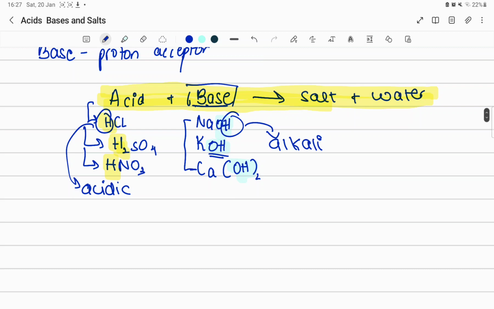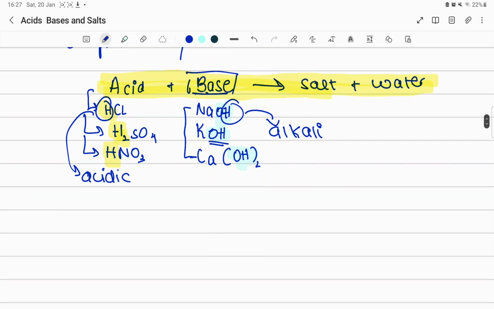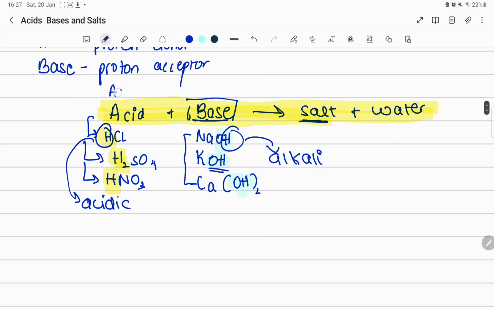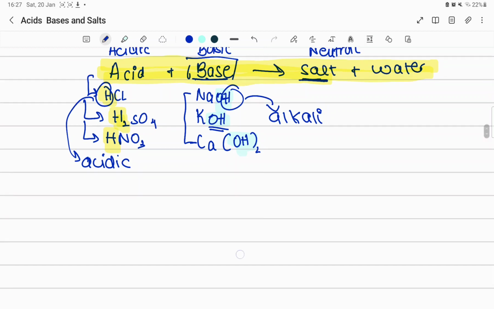Now, what you need to know, obviously, is that an acid is acidic, a base is basic, and salt is neutral. Acidic, basic, and neutral. Now, what do I mean by all of this? Well, we need a way to measure if our substance is acidic, or a base, or neutral.